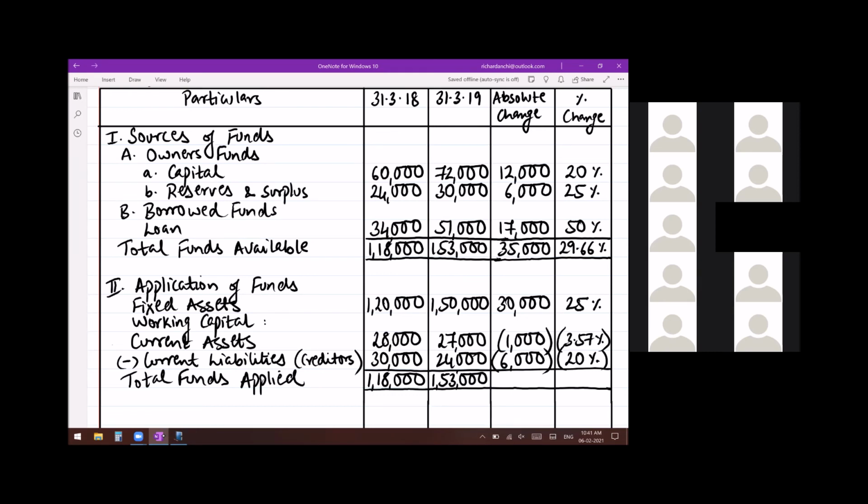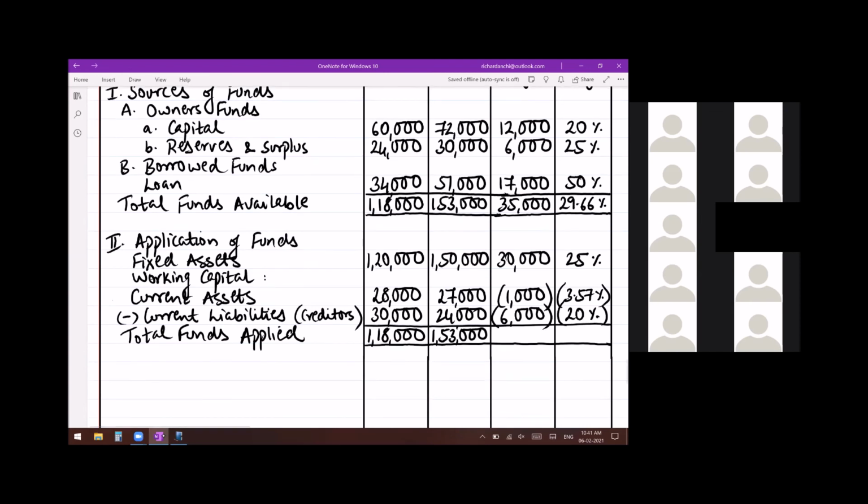What about the absolute change column? 23,000. Anybody can give me the correct answer. Okay, little maths is required here. Pay attention. How will you take the total of the absolute change column, the third column? 30,000.